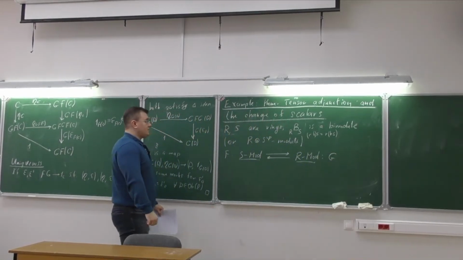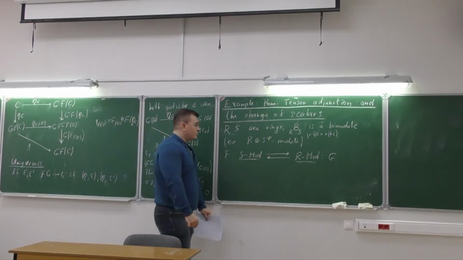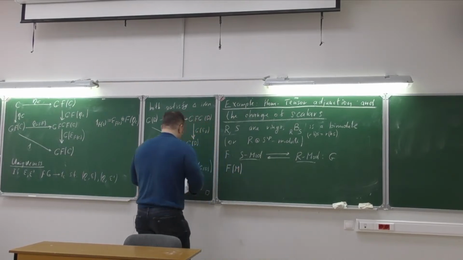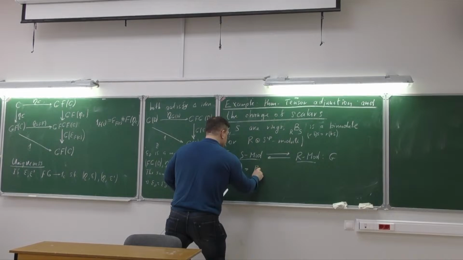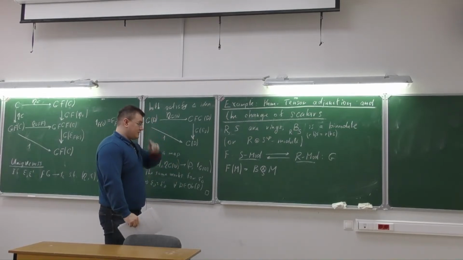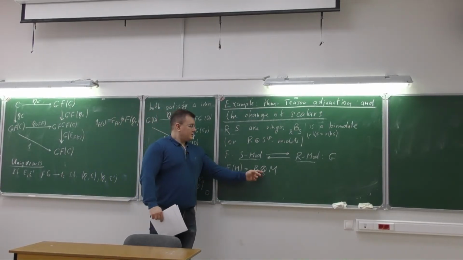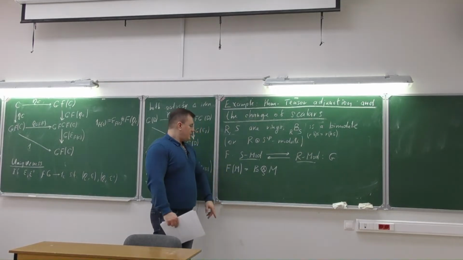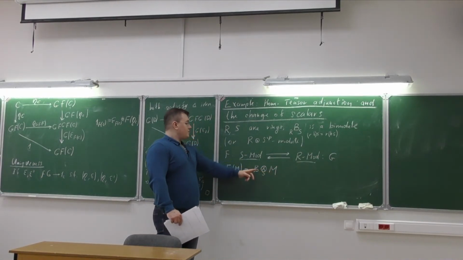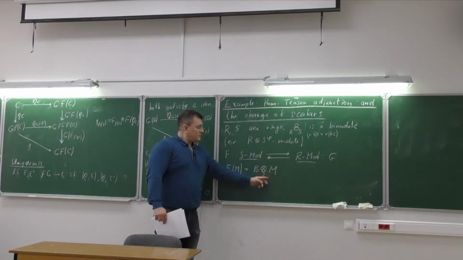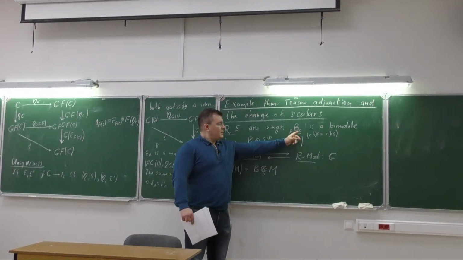So functors F and G from left modules over S to left modules over R. Here, by definition, F on some S module M is just a tensor product with the bimodule B. You can notice this makes sense, because if you're computing a tensor product over a not necessarily commutative ring, you need one module to be a right module, and another module to be a left module over S. In this case, this is a left module over S, and this is B. And when you compute this tensor product, you use this right S module structure.